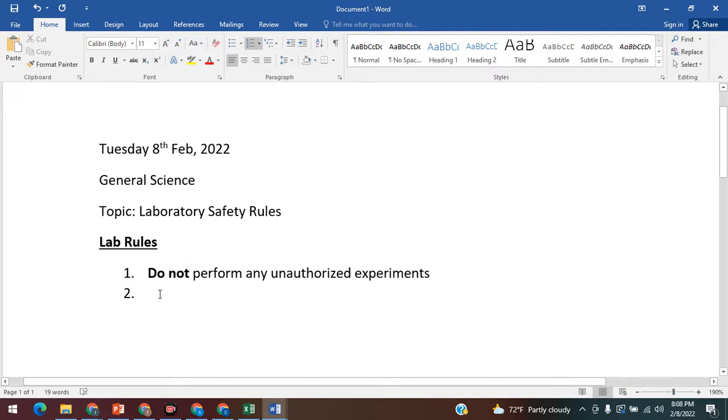Yeah, and not only that, it's their equipment. If the lab teacher doesn't give you permission to do an experiment, don't go and do your own experiment, because the liability for that experiment and whatever happens would be on you. It would be your own fault because they'd say, well, I didn't tell you to do that.